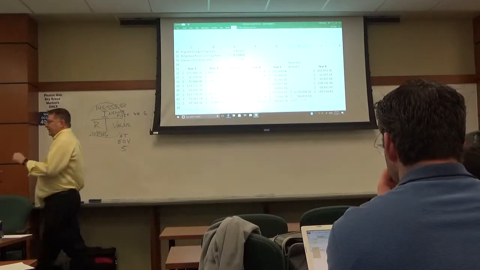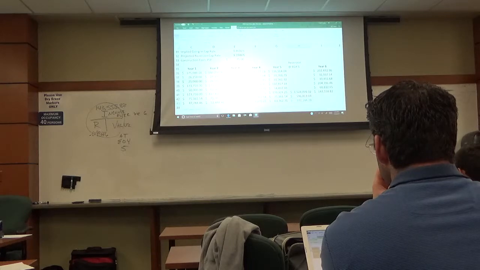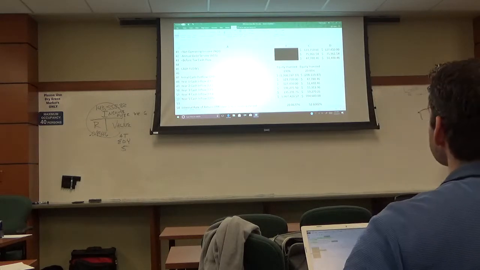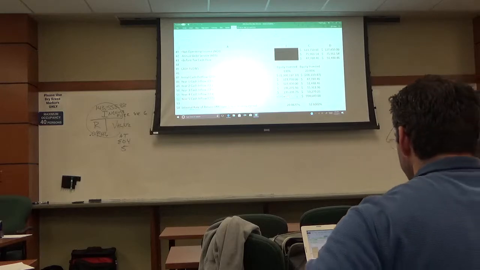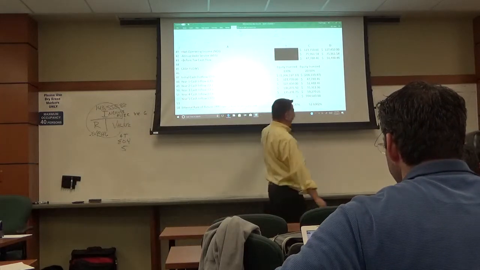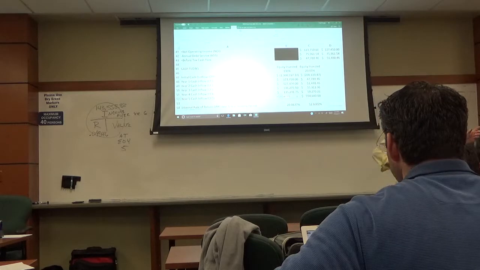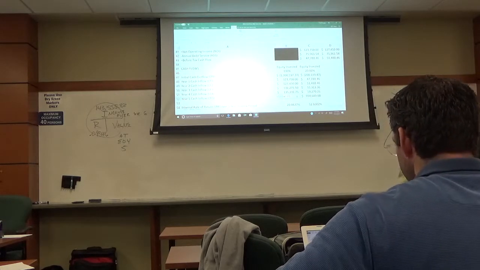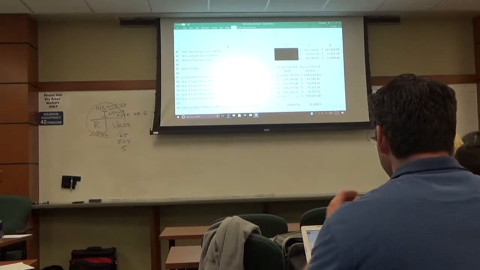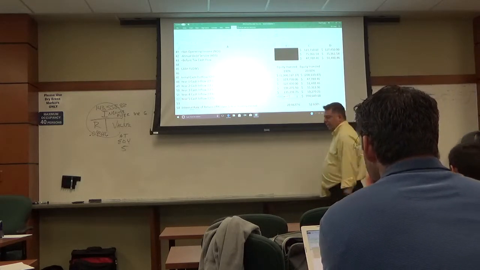So, what you're going to see down below for the actual cash flows for each of those scenarios is the G41 plus the H41 for the first one. That's adding in the reversion value plus the final year cash flow of year 5. The simple way to think about this is as follows.